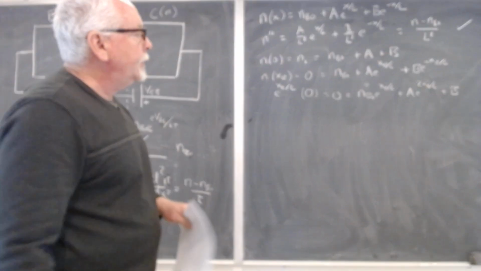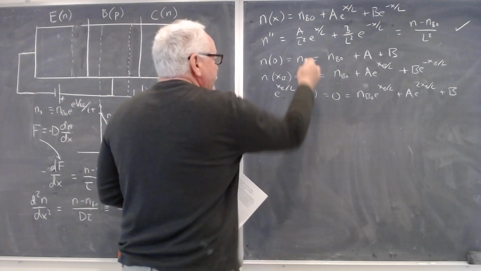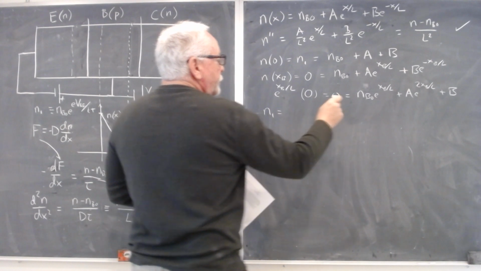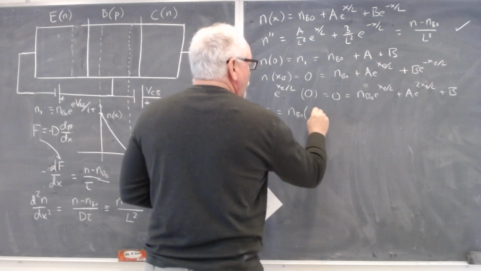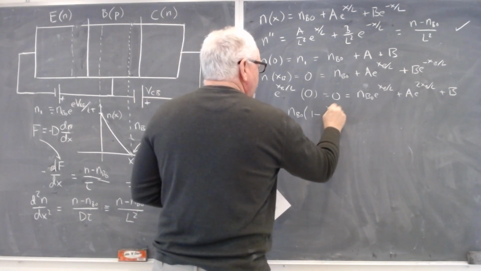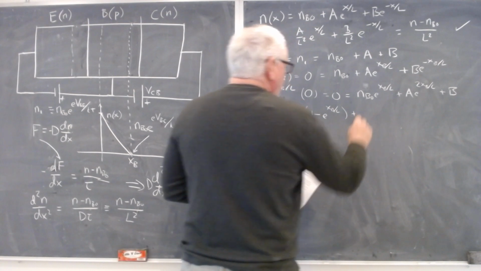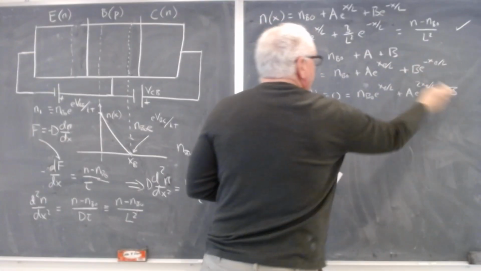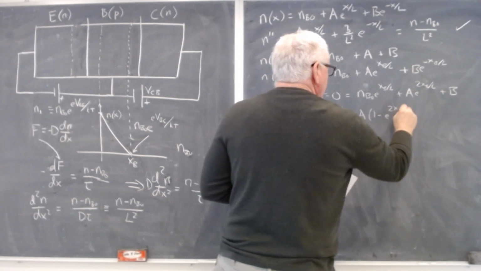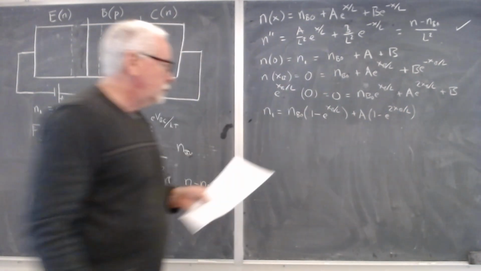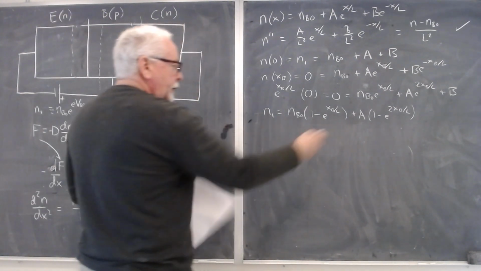The reason why I did that is now I can subtract this one from that one and get rid of B. So if I take that minus that, that's n1, nb0 times 1 minus e to the xb over L plus, now that the B goes away, A times 1 minus e to the 2 xb over L. And so you can see that I can easily solve for A then.